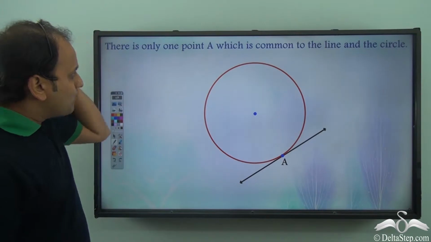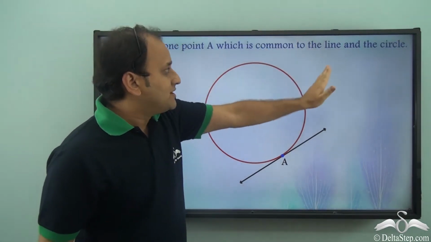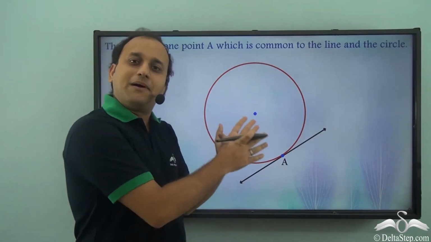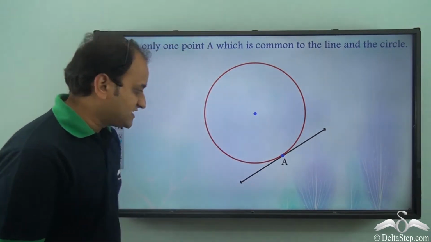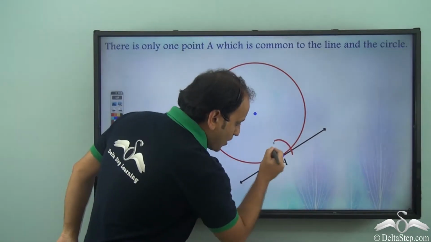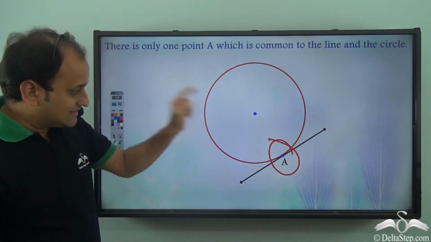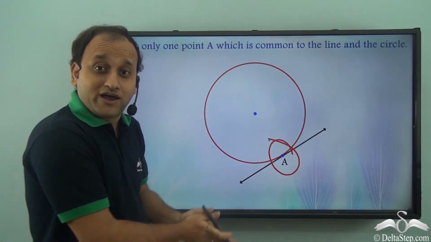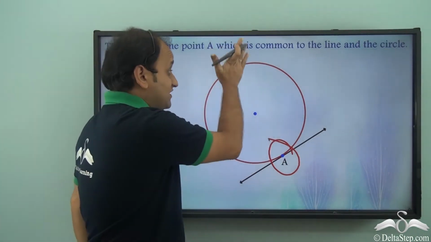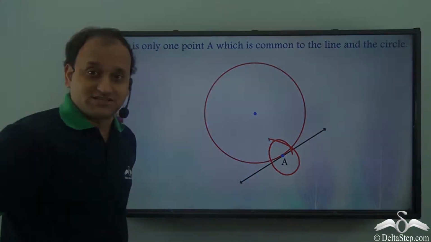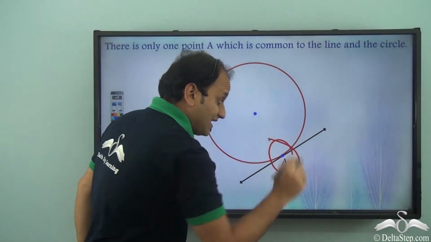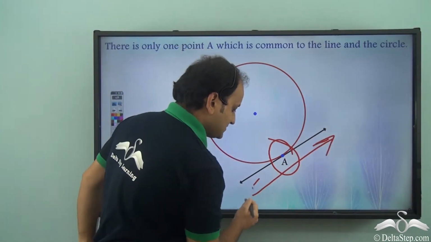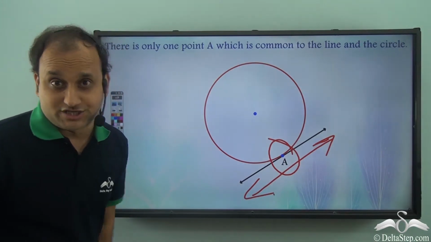Now, there is only 1 point A which is common to the line and the circle. So this is the unique thing about a tangent. In the case of a tangent, there is always just 1 point. In this case, just this point A is the only point which is the point of contact between the circle and the tangent, and that is why we call this particular line a tangent.